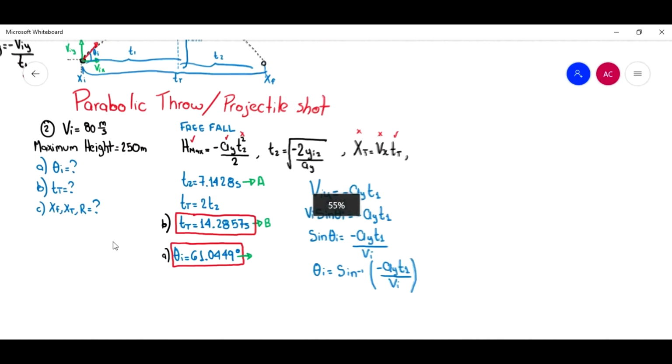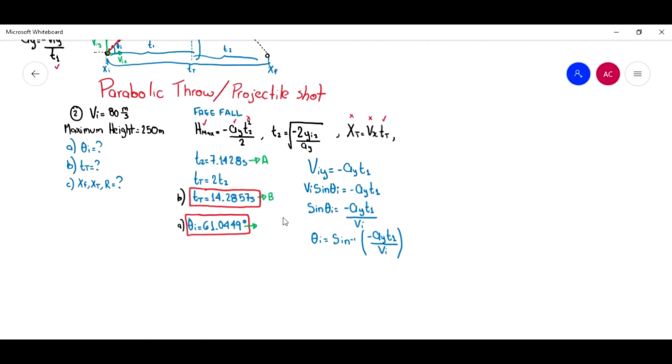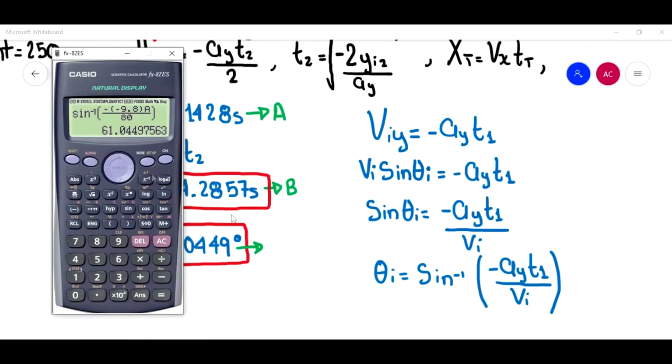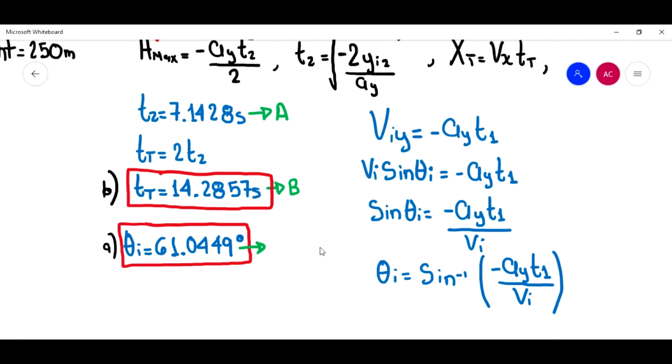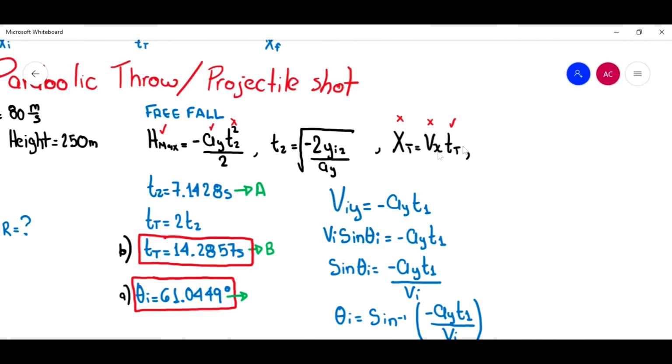I guess the other letters are gonna be B and C. So let's save it in C. Shift STO.